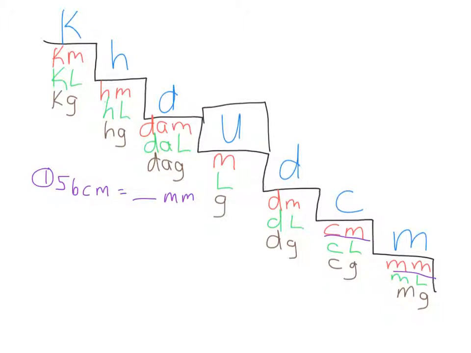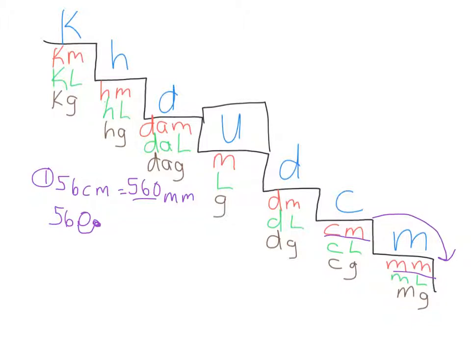And we need to go down the stairs. And so that lets us know that we need to move the decimal one place to the right. And so 56, we know that our decimal is at the end, even though we don't see it. We've learned that whole numbers always have a decimal at the end of the number. And so it will be after the 6. And we need to move that decimal one place over, and we need to fill in this space with a 0. And so we would say that there are 560 millimeters.